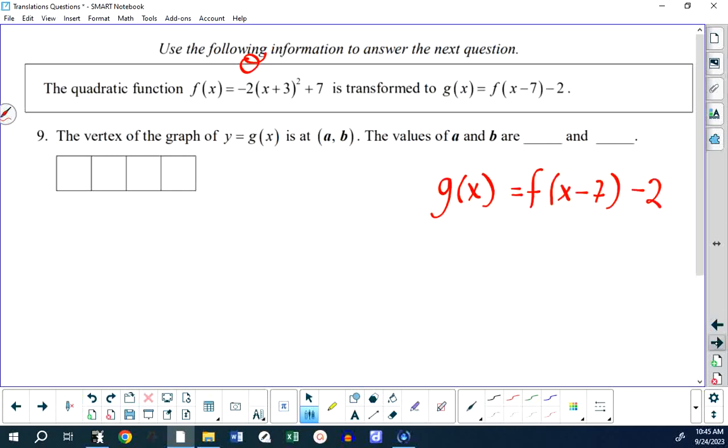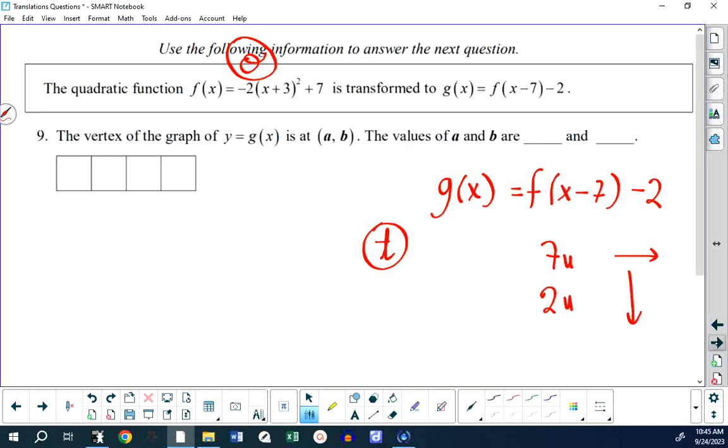And really, I don't think we want to build the function g of x. This is the transformed function. Original one is up top, transformed is here. What we want to say by looking at g of x's structure in the equation is that this will be a translation of 7 units to the right and 2 units down.